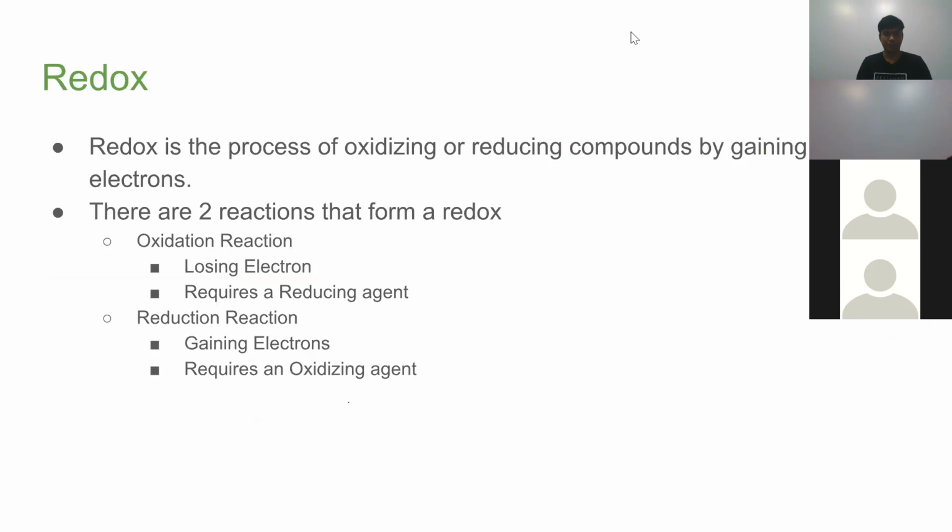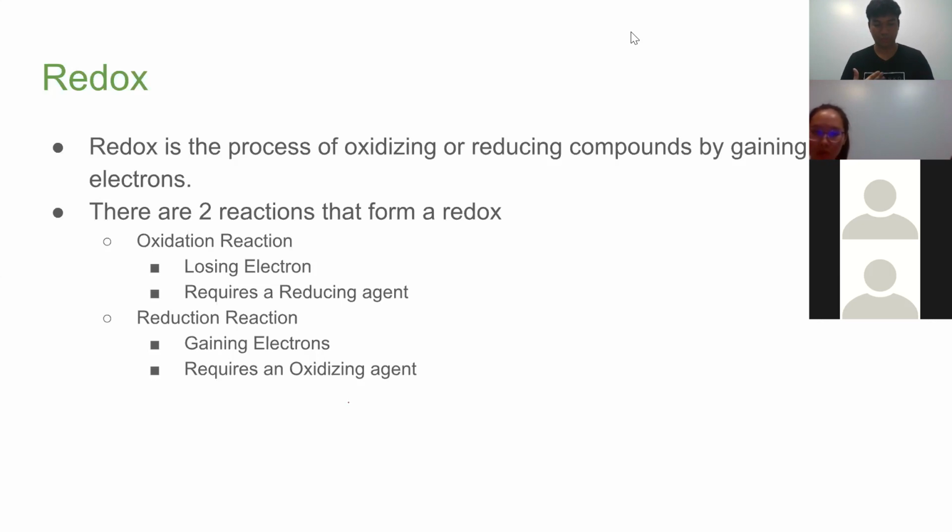All right. So in redox, it's just a combination of two reactions. There's an oxidation reaction and a reduction reaction. If you just take the beginning of them, it becomes redox. In an oxidation reaction, you are losing electrons.